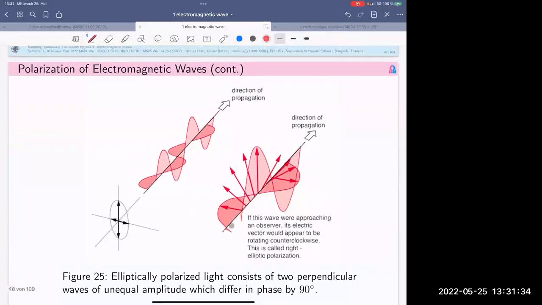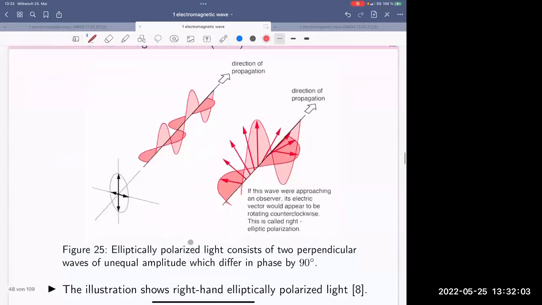Again, the E field will rotate like this along the propagation direction, but they don't have the same magnitude, because the vertical one has a greater electric field than the horizontal one.